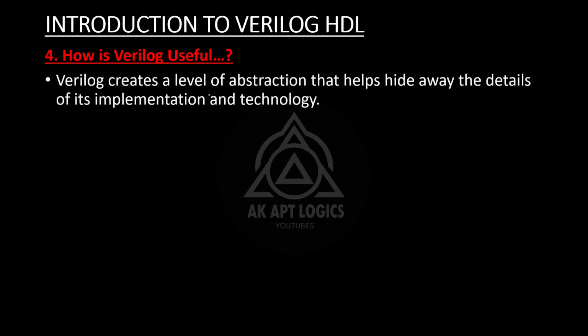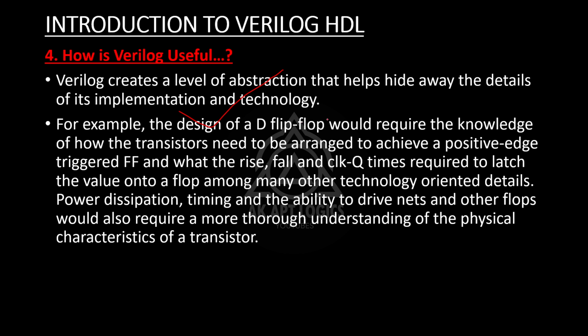Verilog creates a level of abstraction that helps hide away the details of its implementation and technology. We shouldn't mention which technology we are going to use or the details of the implementation. We should describe just the functionality, and then the design will be automatically generated. For example, the design of a flip-flop would require knowledge of how transistors need to be arranged to achieve a positive-edge triggered flip-flop, what the rise, fall and clock-to-Q times are required to latch the value onto a flop, among many other technology-oriented details.